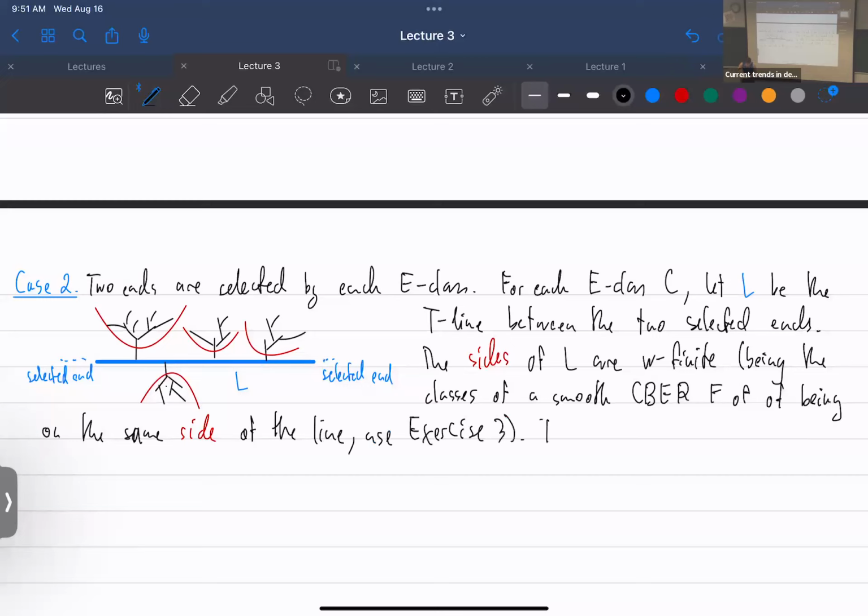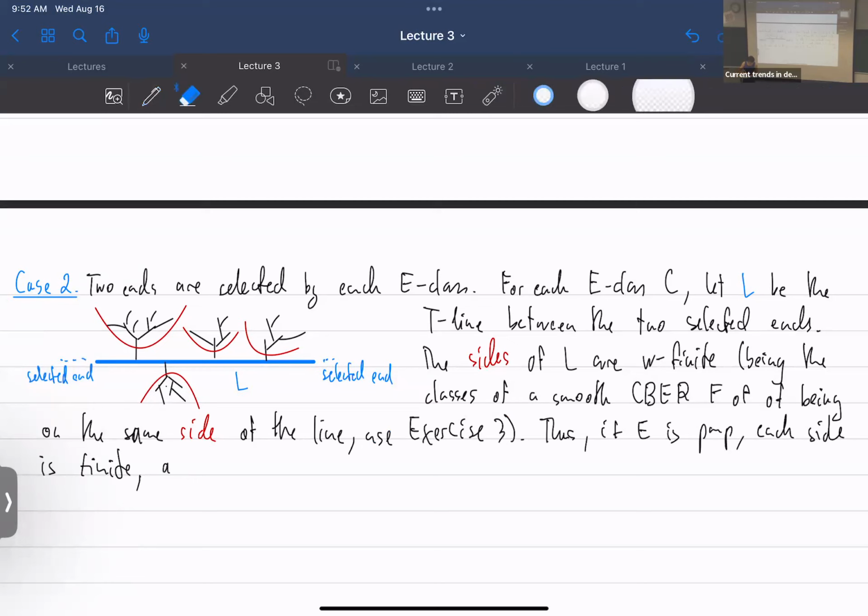Thus in PMP, if E is PMP, each side is finite, and even in the measure class preserving setting it has no ends.